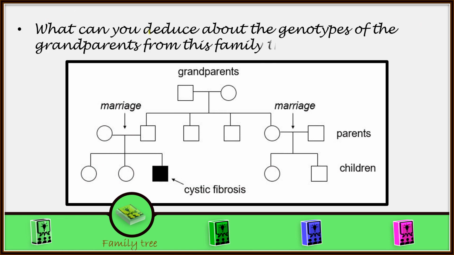What can you deduce about the genotypes of the grandparents from this family tree? We have cystic fibrosis. Cystic fibrosis is recessive, small n, small n.